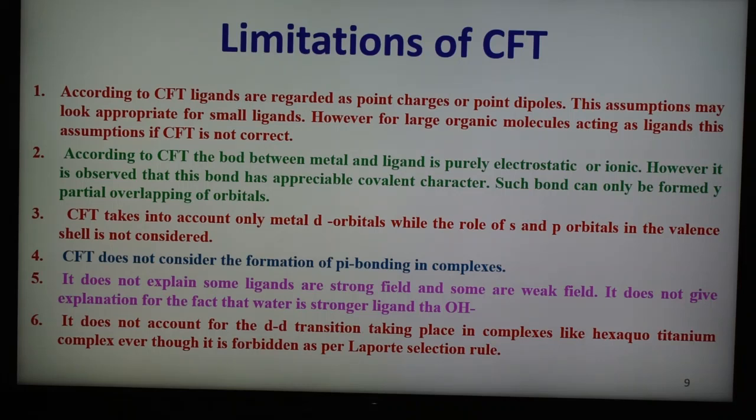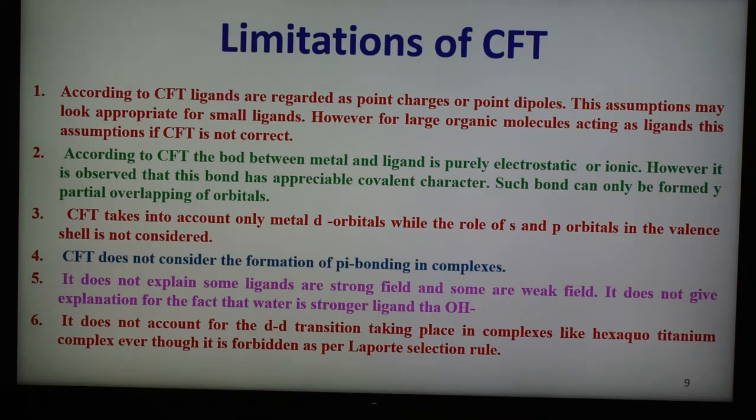John Taylor explained the presence of d-d transition, and electronic spectra also show the d-d transition in the hexaaquatitanium 3 plus complex. So these are the 6 limitations. CFT explains some properties of the complexes, but could not explain some parts, and therefore this theory has these limitations.